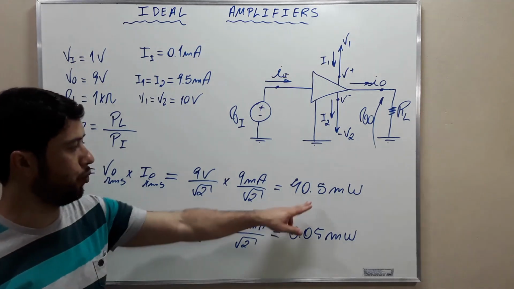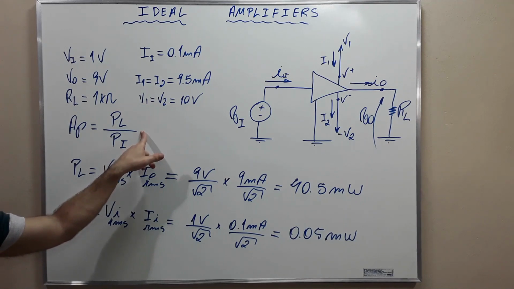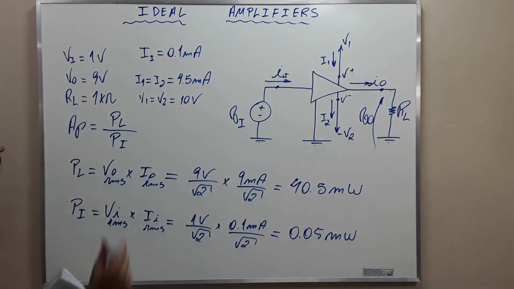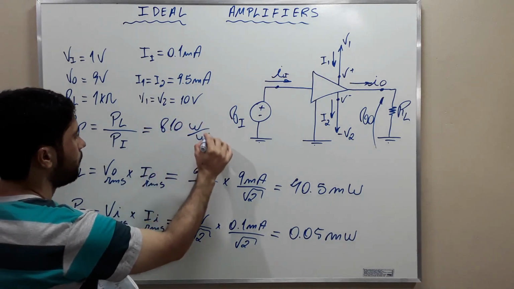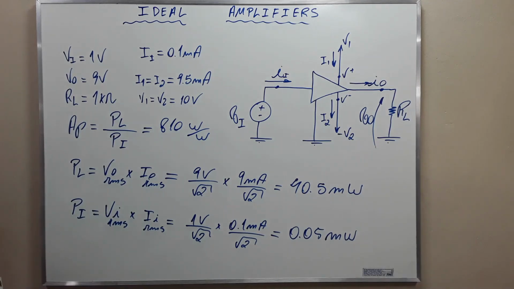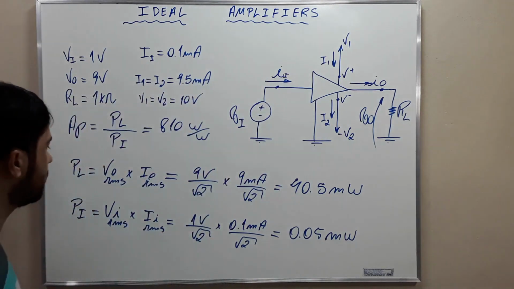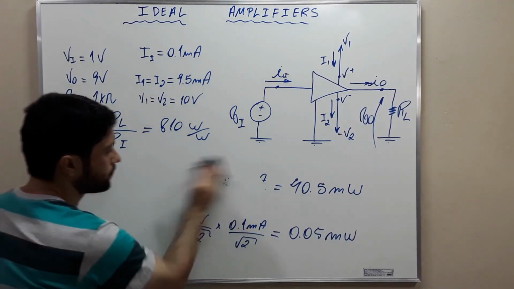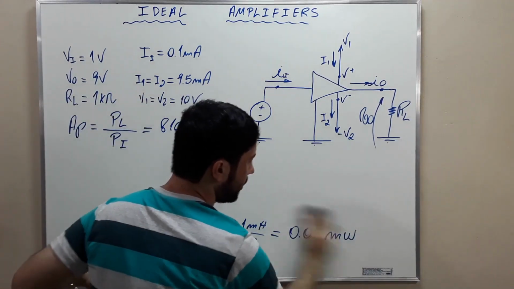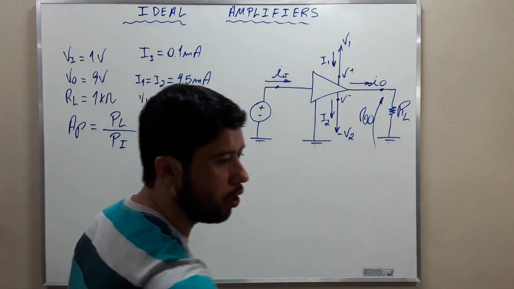We can simply put these values here and here in this expression here. And we are going to find 810 watts per watt. Now, subsequently, if we want to calculate the power gain in decibels, we are going to use the logarithm.